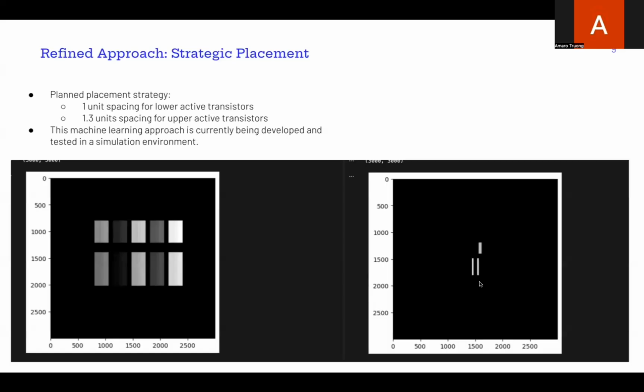We're hoping that every time we get any chip, whether it's a NAND2, an inverter, or a much more complicated chip, we can reproduce the same results given our strategic placement, with these measurements in mind.